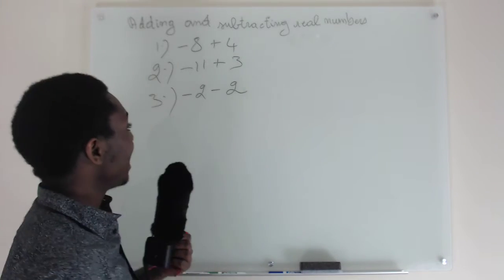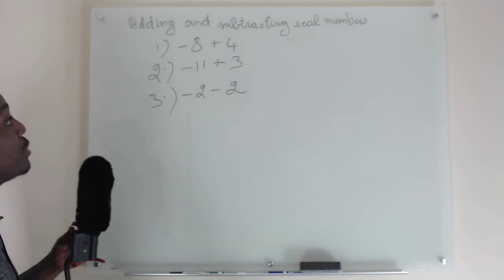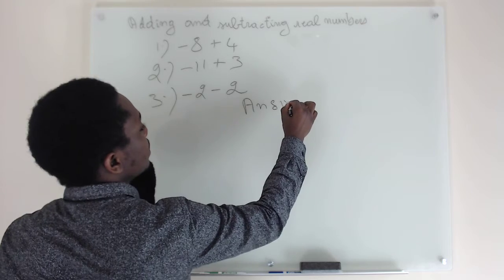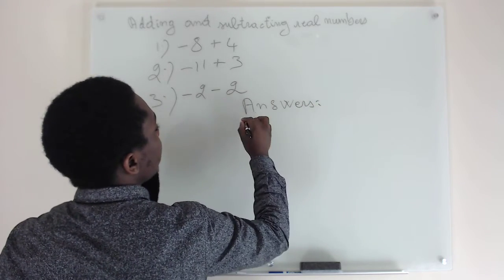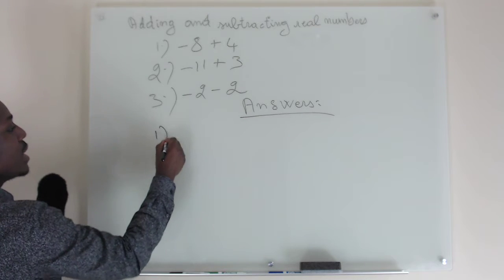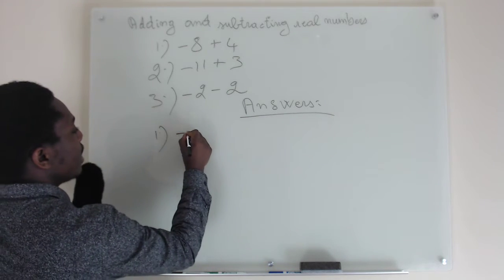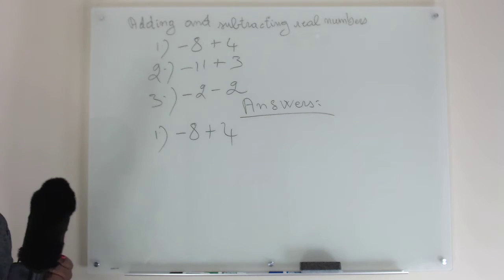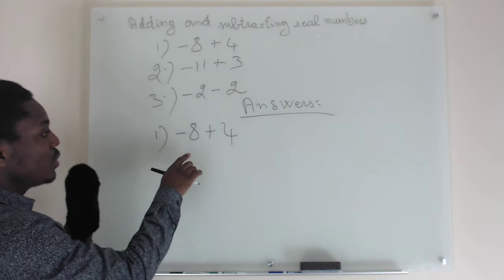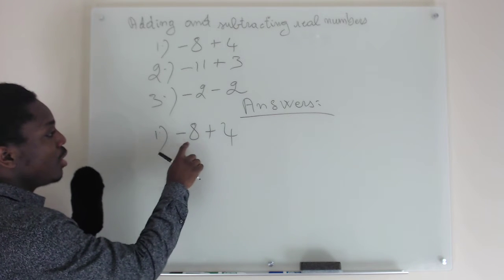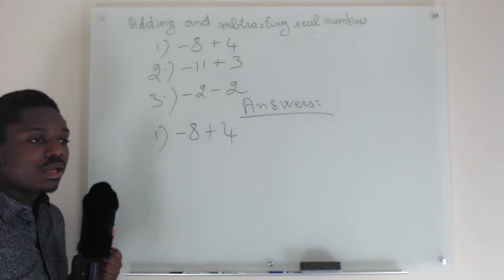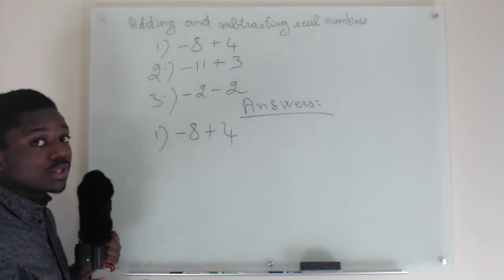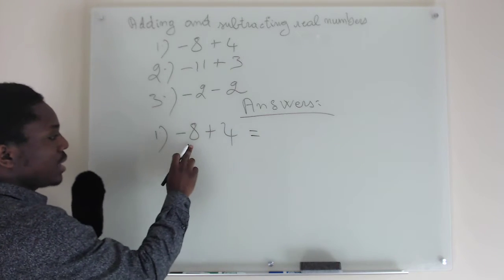Hi, welcome back again. Are you done? All right, now let's do them together. Answers. For the first one, we have -8 plus 4. Again, the first thing we have to do is look at the sign of the two numbers. We ask ourselves, between 8 and 4, which one is bigger? 8 is bigger.